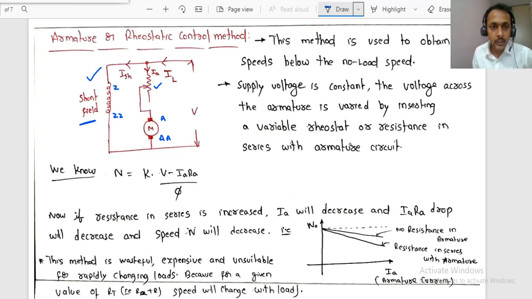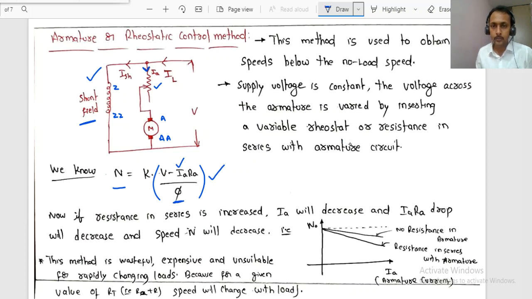By varying the resistance of this rheostat, the amount of current that flows to the armature can be changed. The amount of current that flows to the armature can be controlled by placing a rheostat in series to the armature. From this basic, N equals K times V minus IA RA by Phi. If we can change the IA value, obviously the speed will change. In this process, the flux is kept constant.